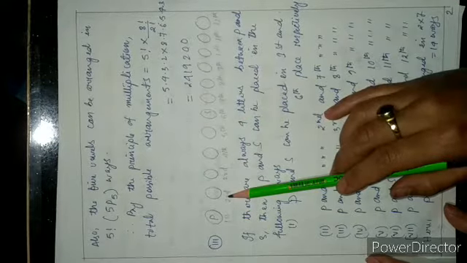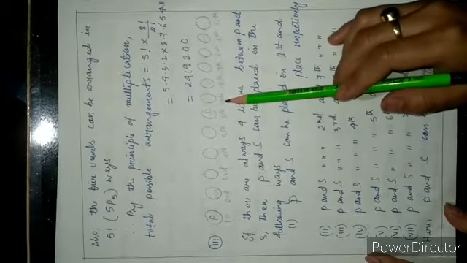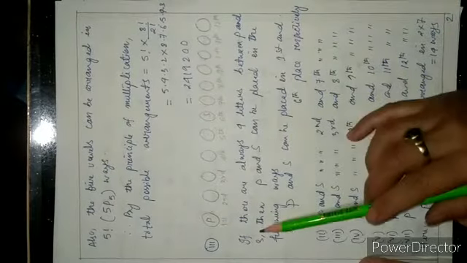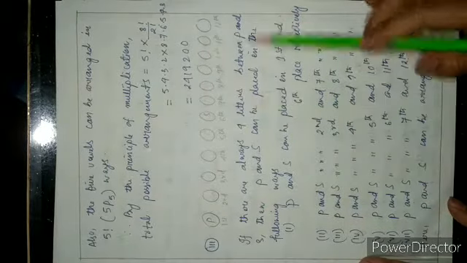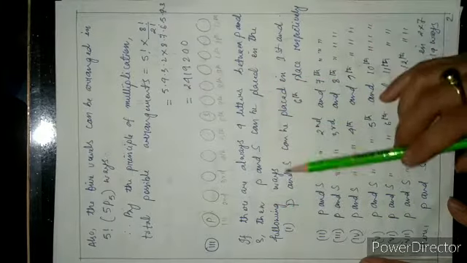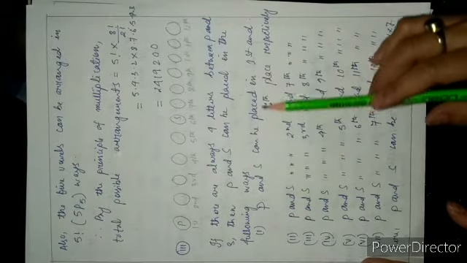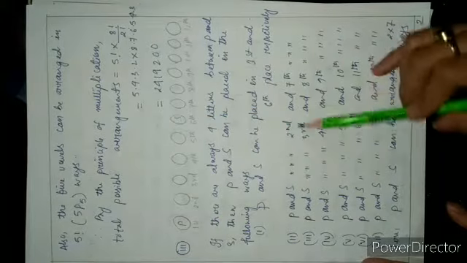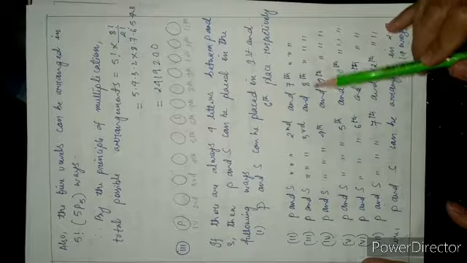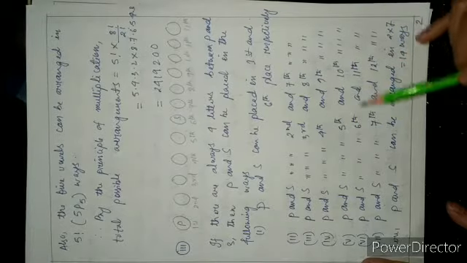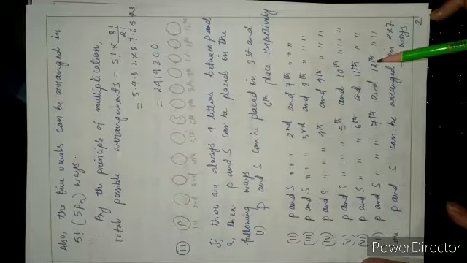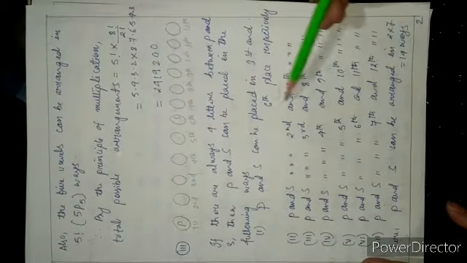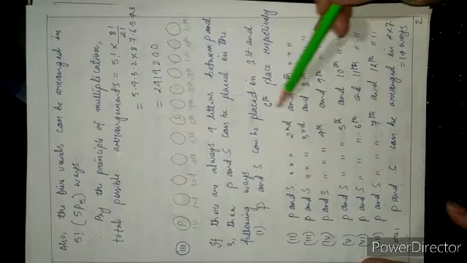If P occupies the second place, S will occupy the seventh. If there are always 4 letters between P and S, then P and S can be placed in the following ways. First, P and S can be placed in the first and sixth place respectively, second and seventh, third and eighth, fourth and ninth, fifth and tenth, sixth and eleventh, seventh and twelfth place. So P and S can be placed in 7 ways.